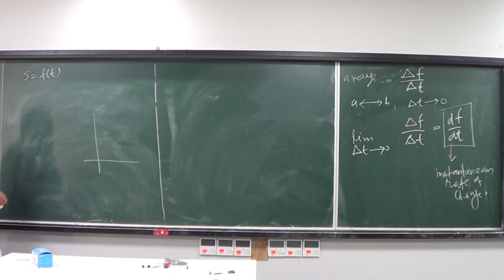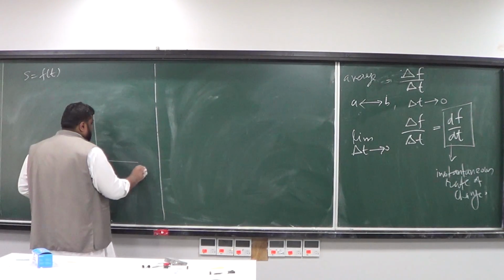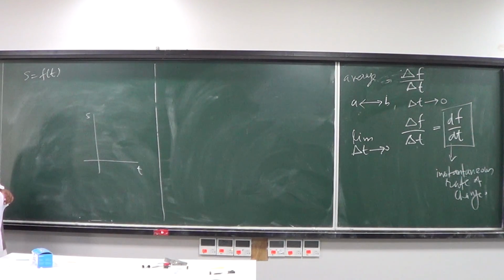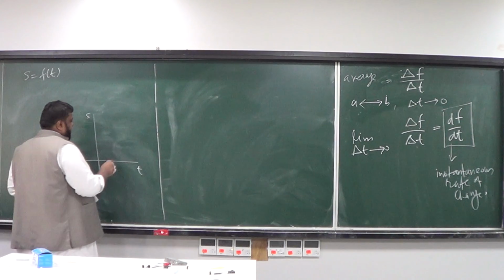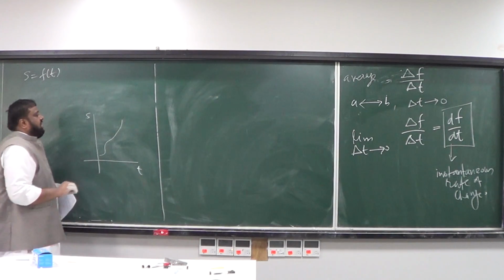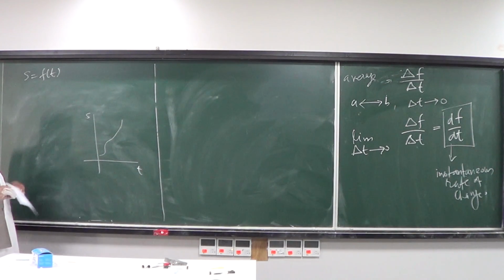represents the position of a particle. So imagine that this is the time axis, and this is what we call the position axis. Okay, and I'm saying that the particle is going up and down, and this is what is happening.